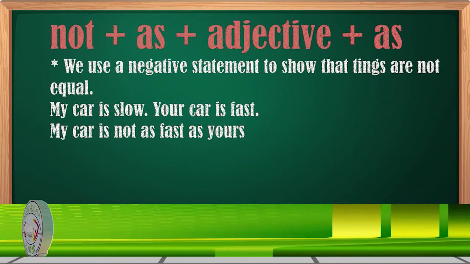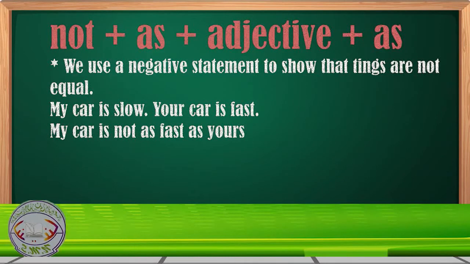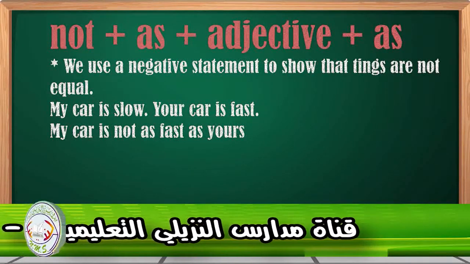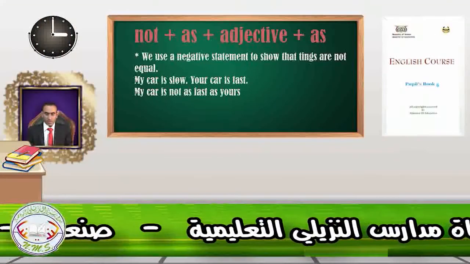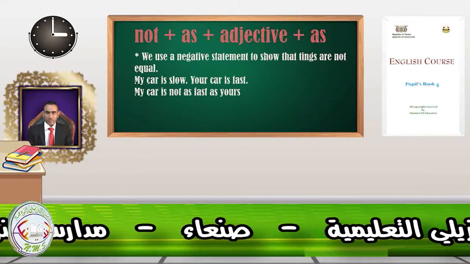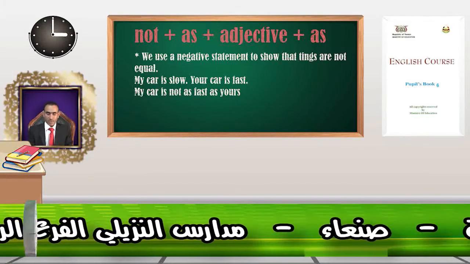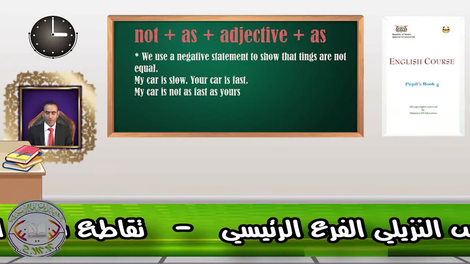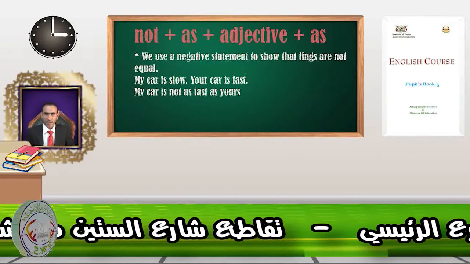So we say my car is not as fast as yours, or as your car. Note, this is the same as saying my car is slower than yours, or your car is faster than mine.